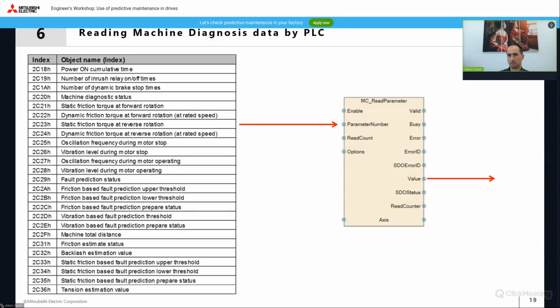But we can also log this data in our system and see how the trends look, and whether something is happening, or if the level of vibration and friction is all the time the same. That means that the mechanical part should be proper.